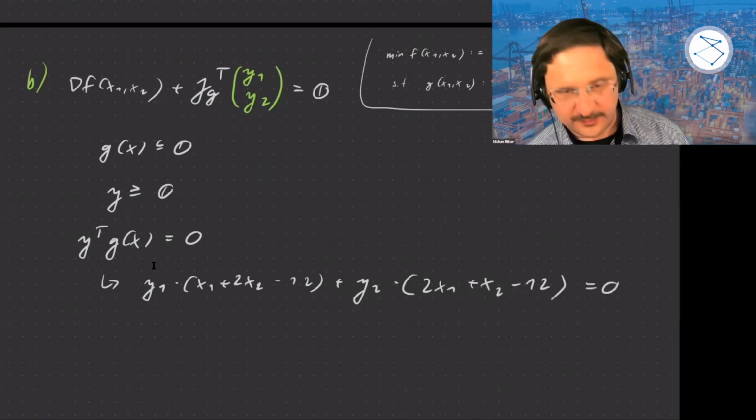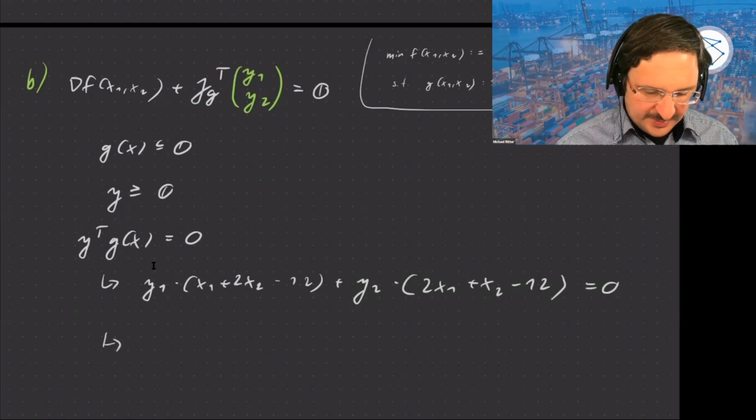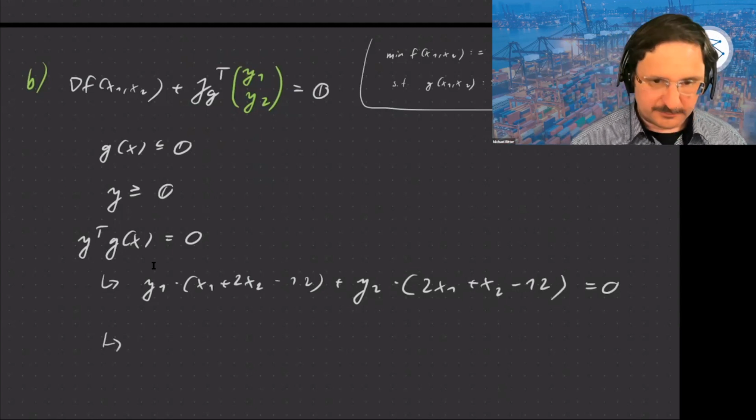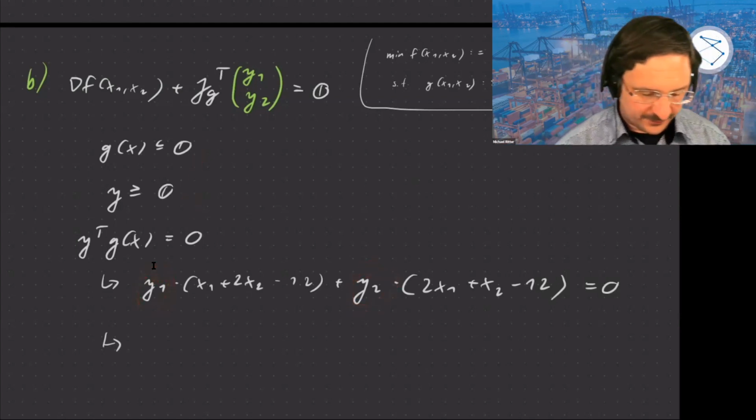That needs to be 0. Well, and that means, through the constraints here, the y's are both non-negative.